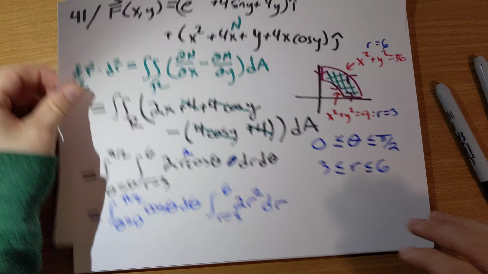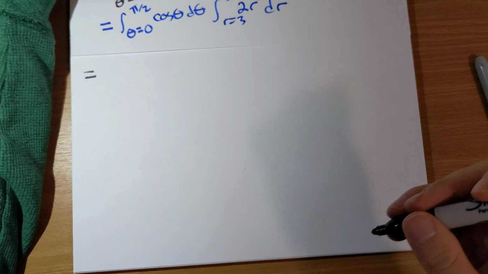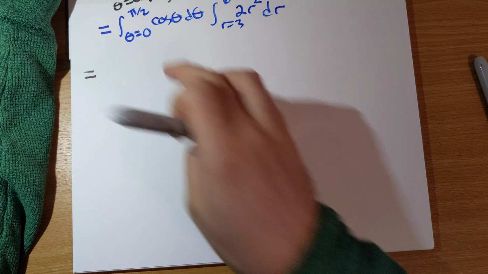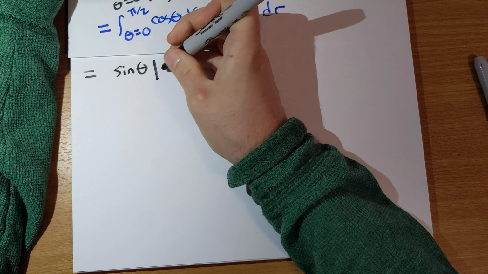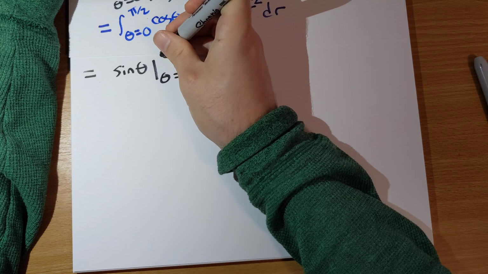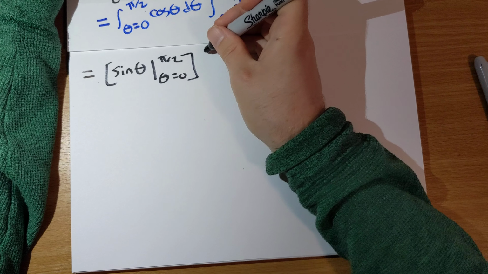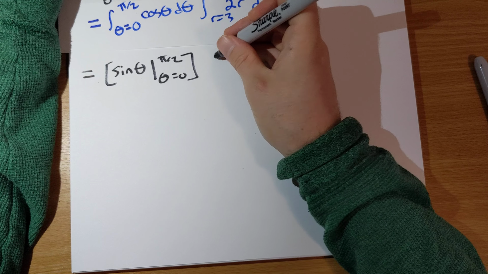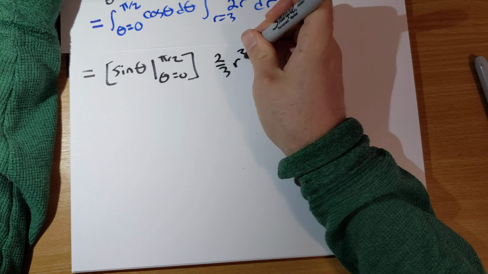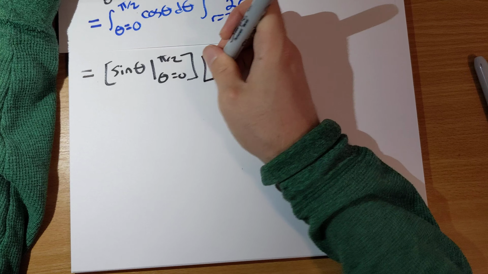Okay, let me go to the next slide here. What will we end up with? This first integral will be sine theta, evaluated from 0 to pi over 2, times this integral, whose antiderivative will be 2/3 r cubed, evaluated from r equals 3 to 6.